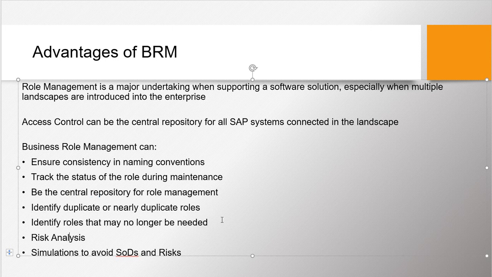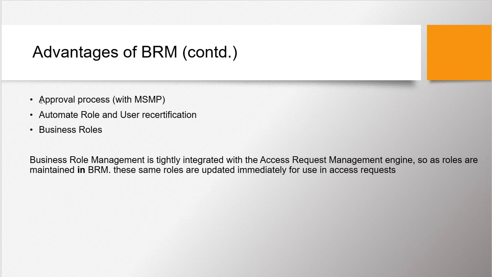You can also run simulations and do risk analysis while creating the role itself, and before adding transaction codes. You could see whether the new transaction codes introduce any SOD conflicts or not. So using BRM there are certain advantages like these, and it helps automate MSMP, the automated approval process. And then user recertification and role recertification is another example where this BRM tool is very useful.